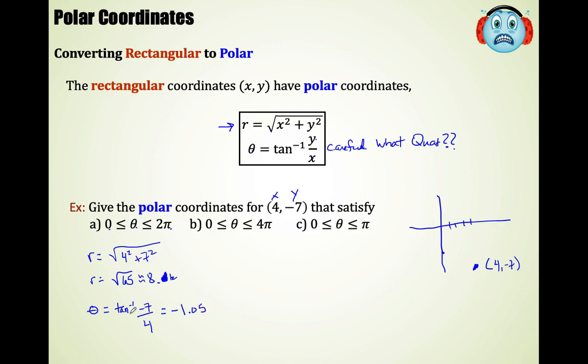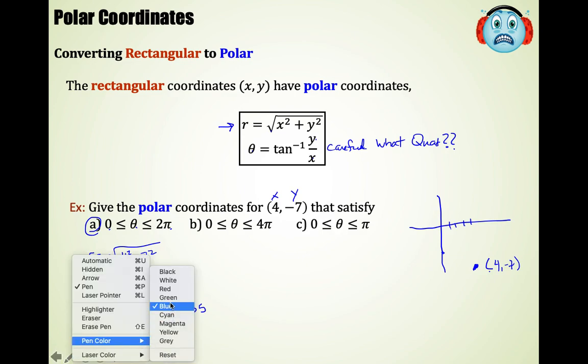But you have to know inverse tangent is only giving you values in quadrant 1 if you have a positive value, or quadrant 4 if you have a negative tangent. So I think to myself, well, this is cool. Quadrant 4, cool, right? But what did my directions say? My directions say I wanted polar coordinates where my theta was in between 0 and 2 pi.